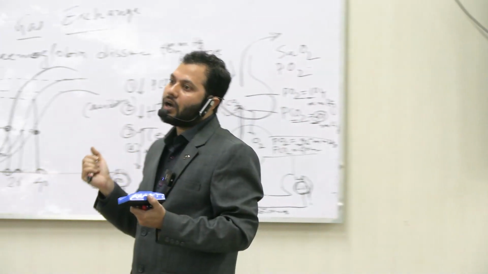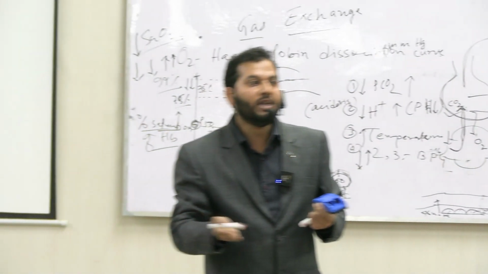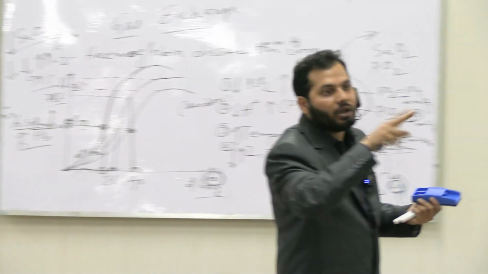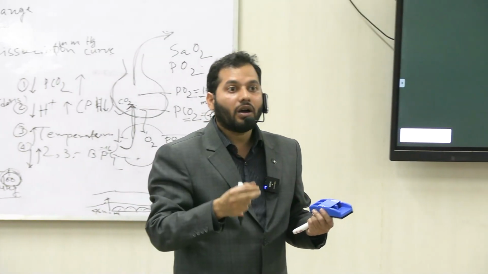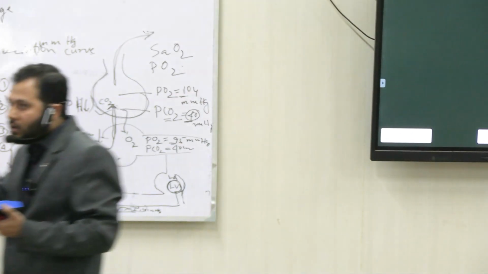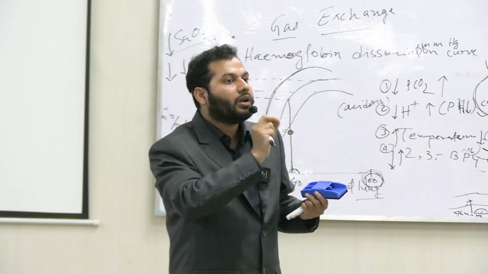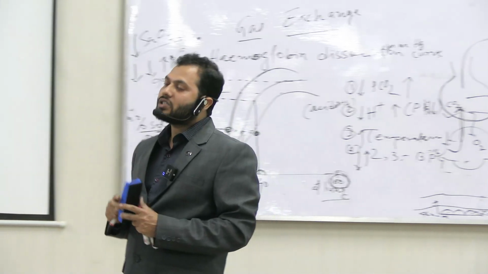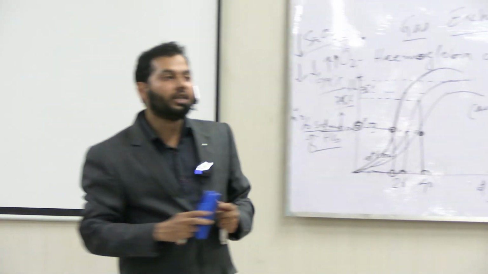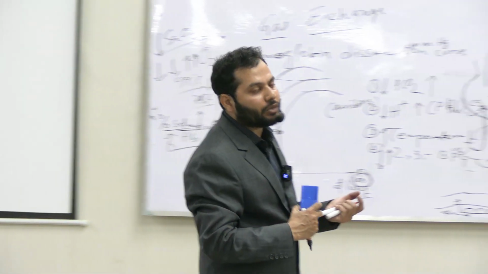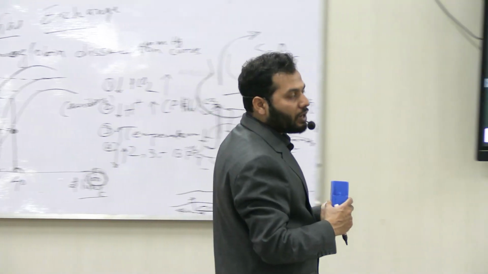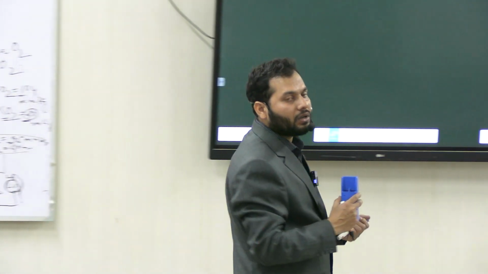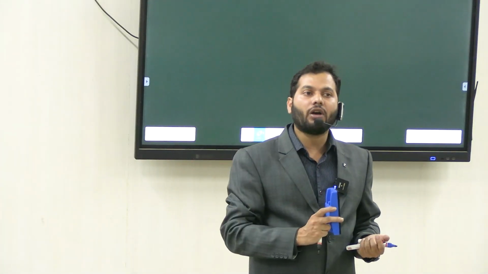There are several factors that either positively, increasing the affinity between hemoglobin and oxygen, or negatively, decreasing the affinity between oxygen and hemoglobin, influence this. So this is what the oxygen dissociation curve is. This is the relationship between the partial pressure of oxygen and the percent saturation of hemoglobin.